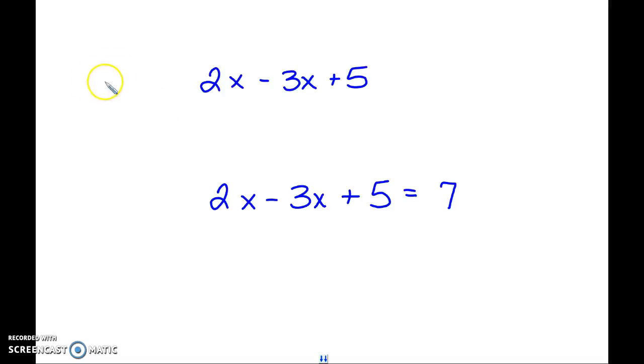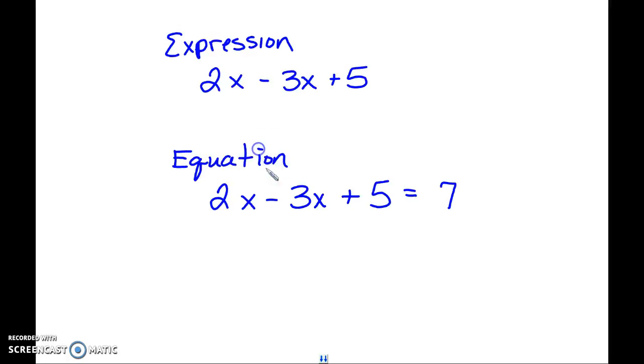I first took this one right here, which is called an expression. I took that expression and I changed it into an equation. Tell me, what's the difference in the two?